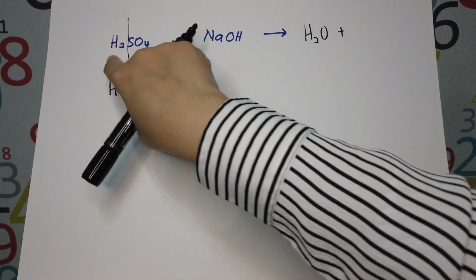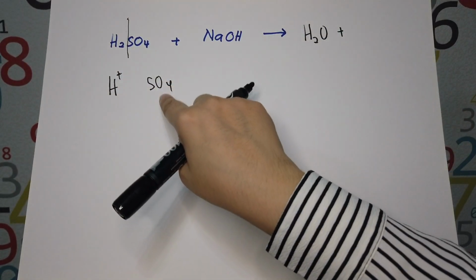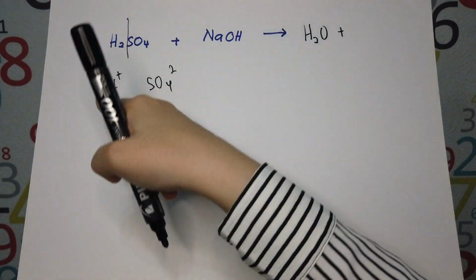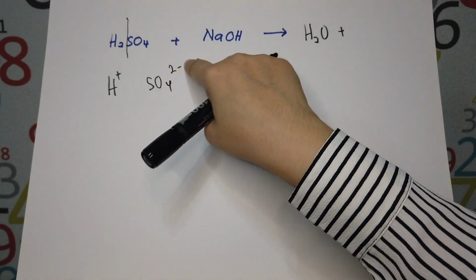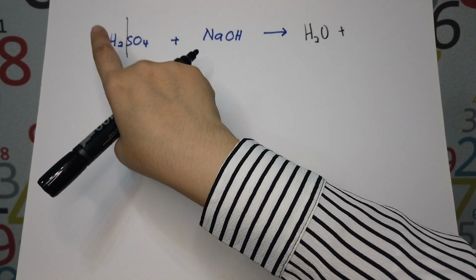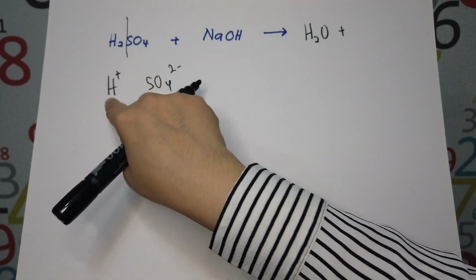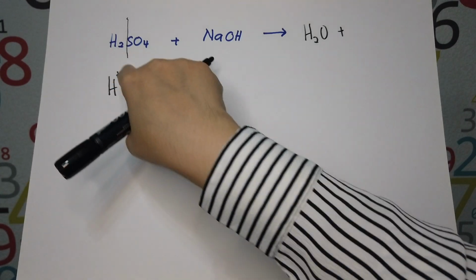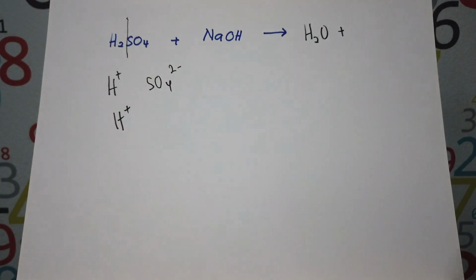Since you need 2 of them here, there must be something with the SO4 that carries 2 minus. To balance out the 2 minus, you need 2 of the H+, so you have 2H here.